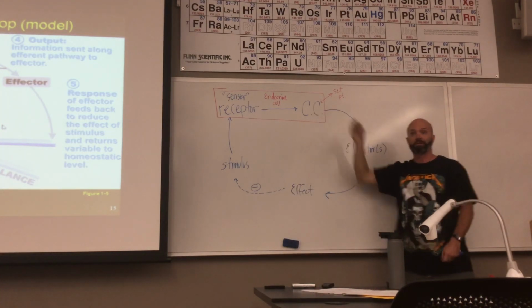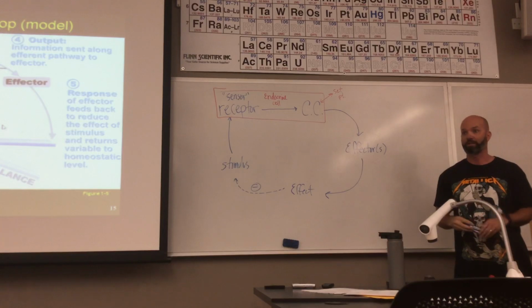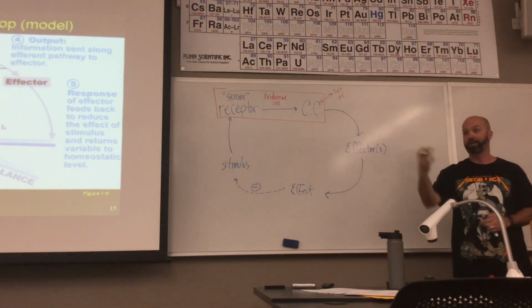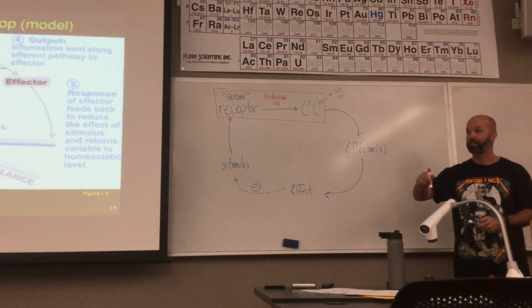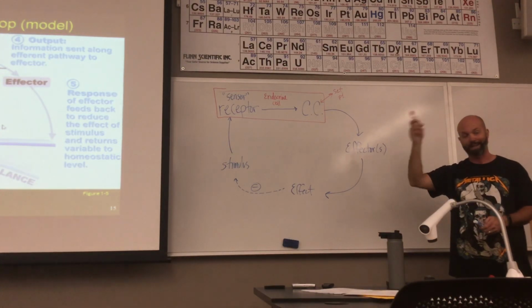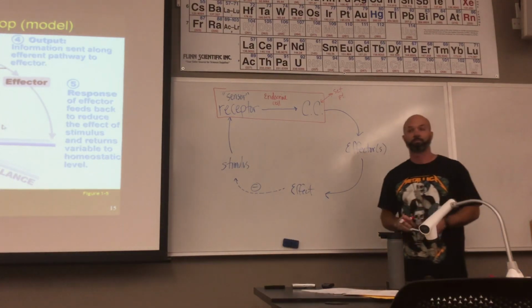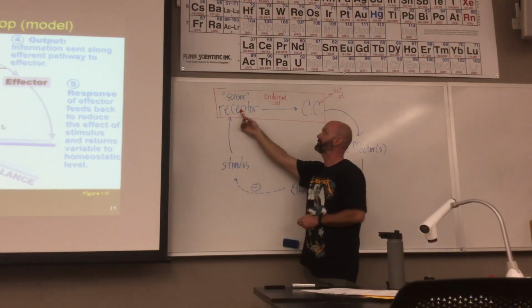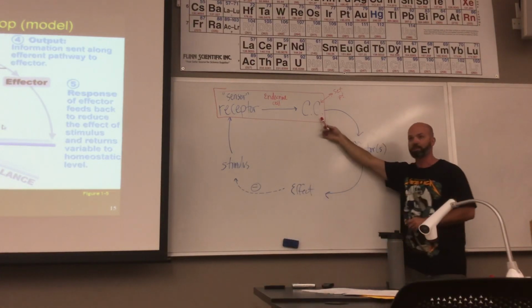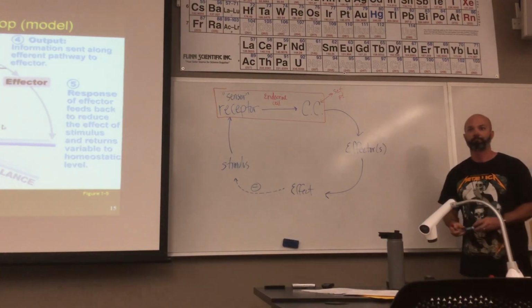What's the control center when it comes to thermoregulation in your body? You can give me the brain. The brain's the control center, that works. You could get more specific. In the brain, it's the hypothalamus.